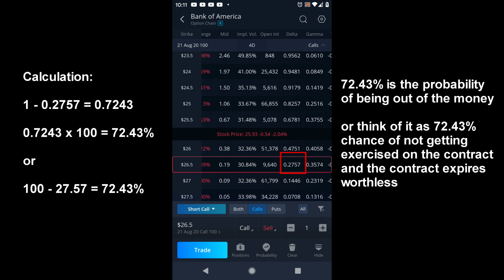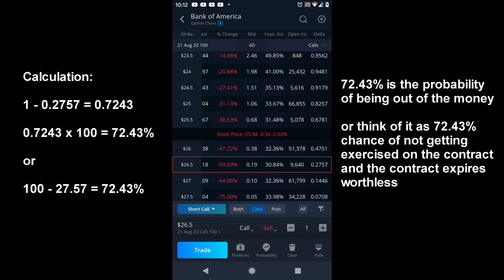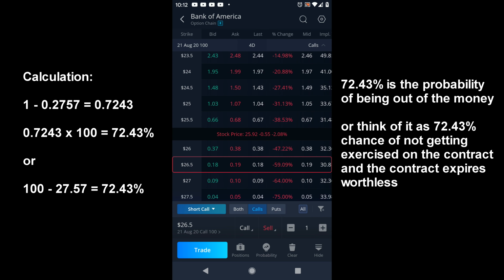So there's about a 73% probability that it will be out of the money. And so what this means for us is that we do have a pretty good chance. I typically try to go with 80%, but in my case, I actually want my shares to go away because I am trying to get ready for the Tesla and the Apple cash secured puts. So I'm trying to get rid of these, but I'm also trying to get rid of them to the point where at least I'm meeting my cost basis.